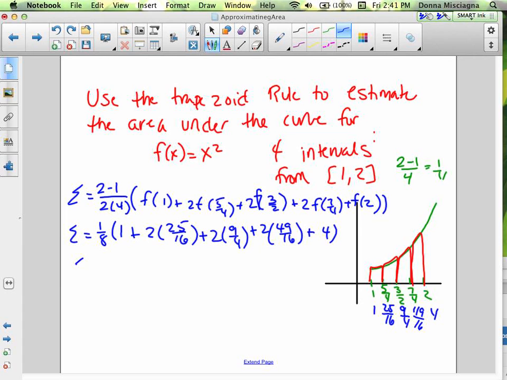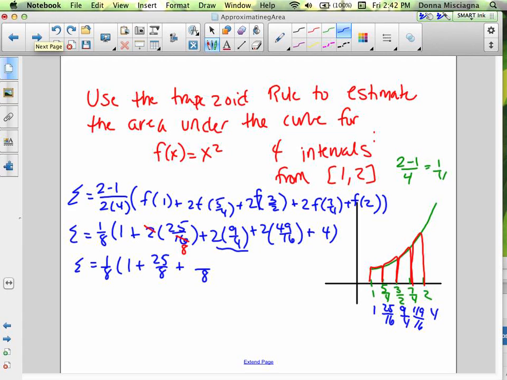Okay. So 1/8 times 1 plus, this will cancel, right? So that's going to be an 8 now. So we have 25/8 plus. There's really no point in me reducing that because I needed to have a denominator of 8 to add it to the 25/8.